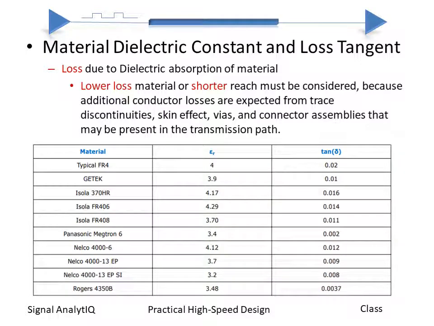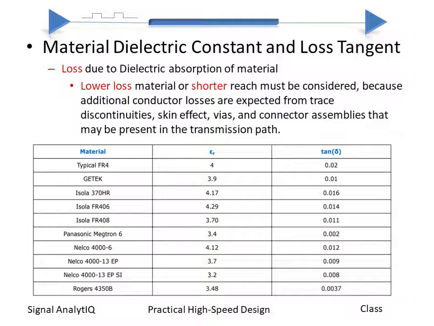We have seen the material dielectric constant properties of a board for different board types like FR4, Isola, Rogers, and Agilent kind of thing. Now, there is already a loss that occurs due to the dielectric absorption of these materials.